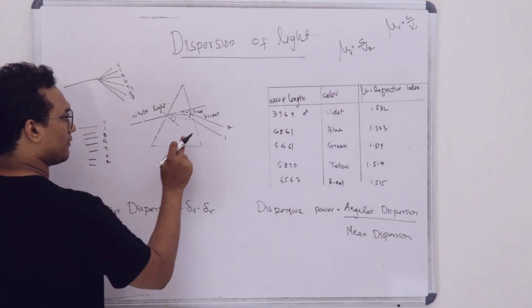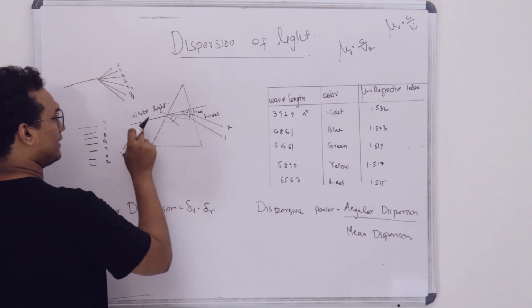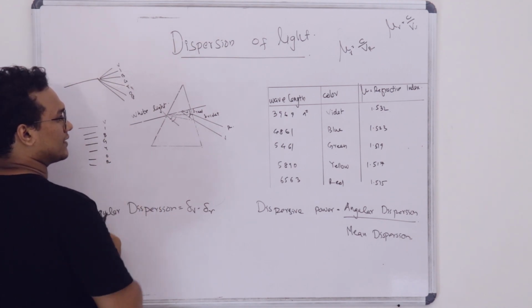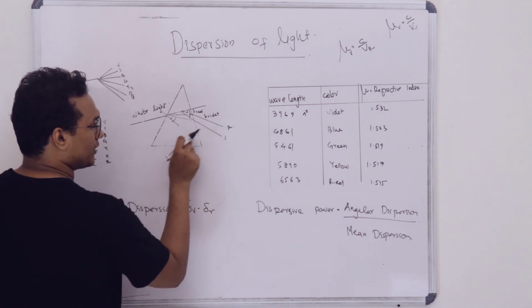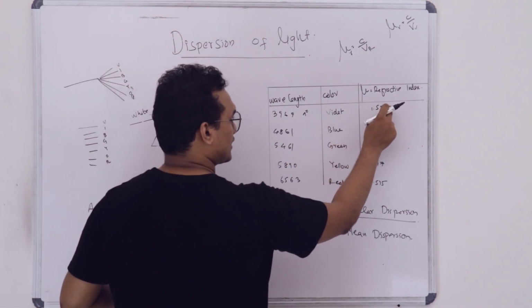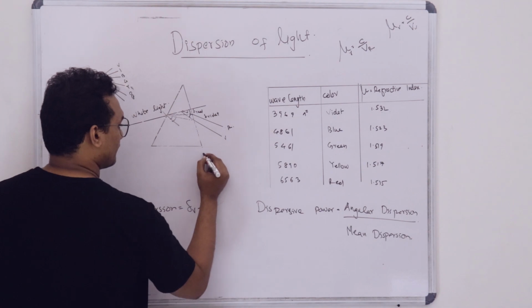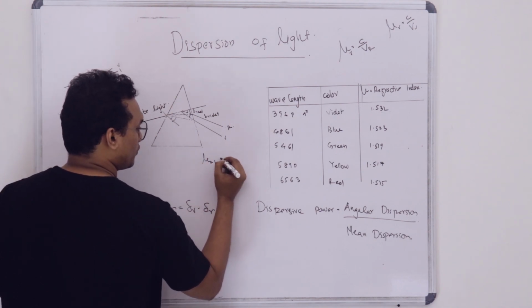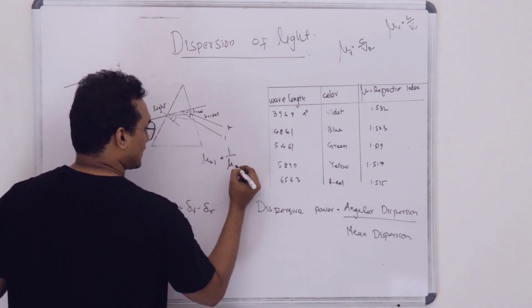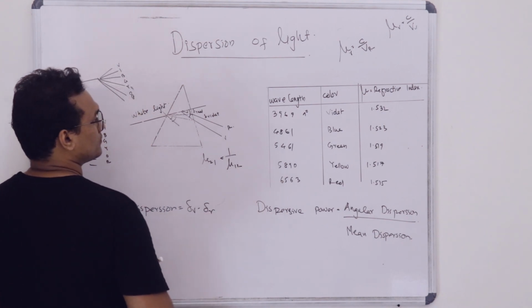But here it is from denser to rarer, whereas before it was from rarer to denser. So when it is traveling from here to here, the refractive index would be just the opposite of this, because we know that refractive index of 2 with respect to 1 is equal to 1 by refractive index of 1 with respect to 2.